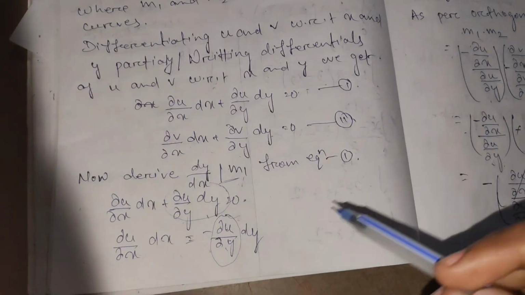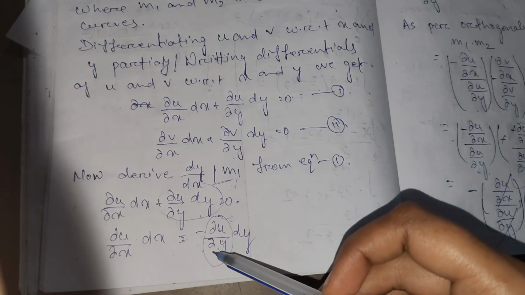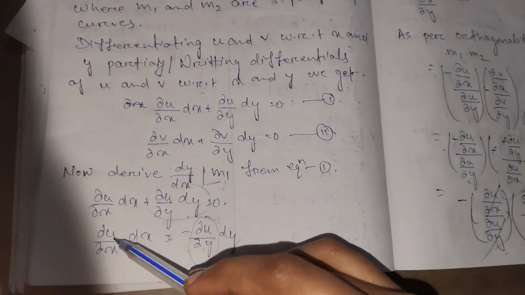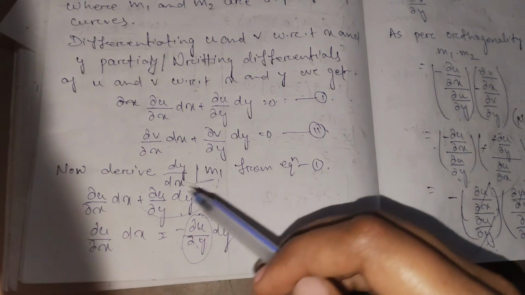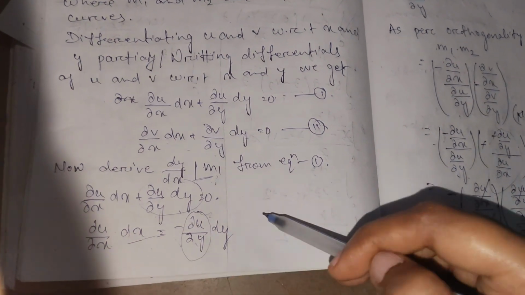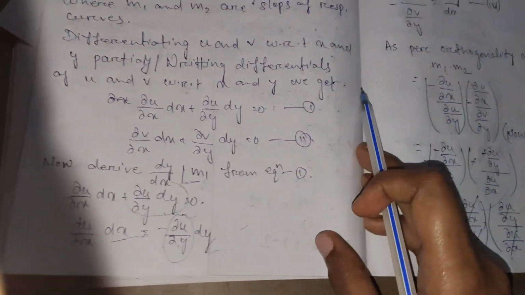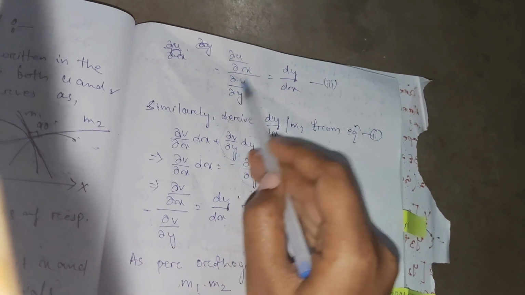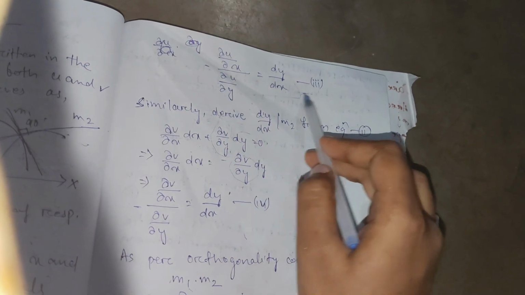Now, let's move del u by del y along with the minus sign to the LHS, and move dx to the denominator on the other side. Then we get minus of del u by del x divided by del u by del y is equal to dy by dx. Let this equation be named equation 3.